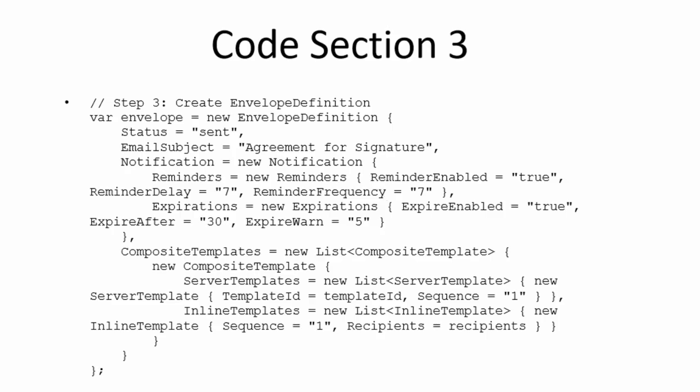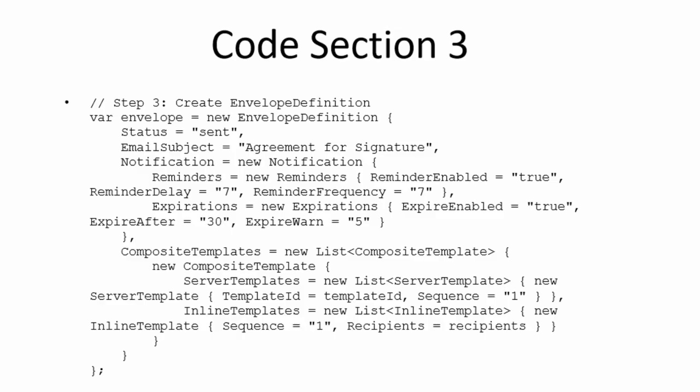If you want the user to be reminded after every 3 days, in reminder frequency you need to set it equal to 3. For expirations, expire enabled will be true, expire after will be 30, and expire warn is 5. So the document we have sent to the recipient will expire after 30 days of sending and warn the recipient 5 days before the expiration.